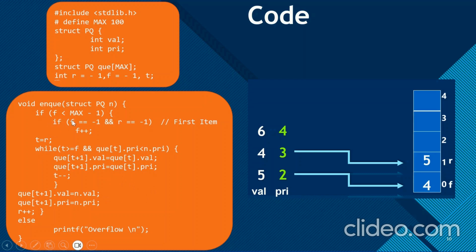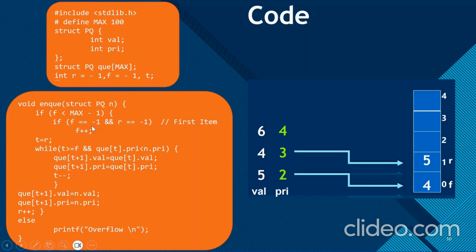So first of all, we'll be checking if we are within limits, and if it is the first element, which is possible only if we have started with indices of -1 for both F and R. That means front is -1 and R also is -1.